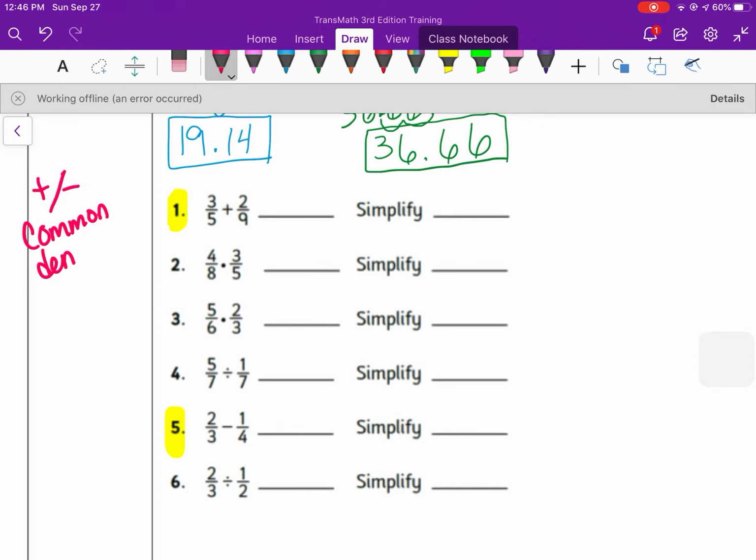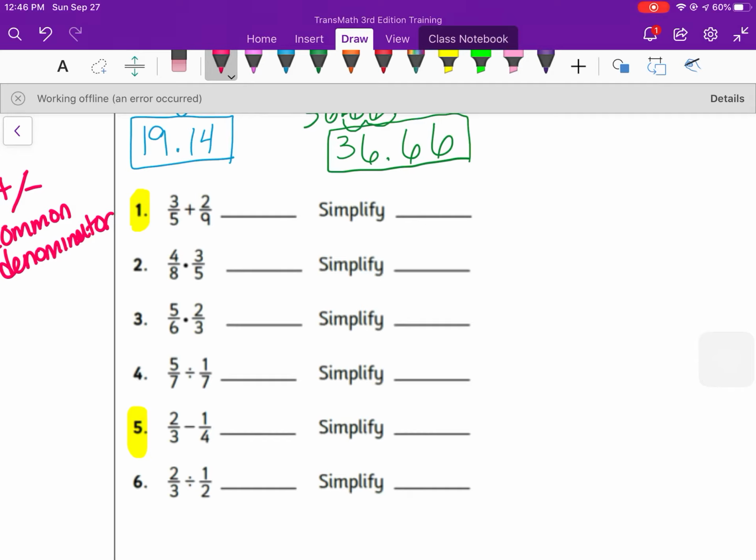So for number 1, what's the common denominator between 5 and 9? If I count by 5s, 5, 10, 15, 20, which number would be divisible by 9? You're actually going to get all the way to 45. Since 9 times 5 is 45, we can use that as our common denominator.